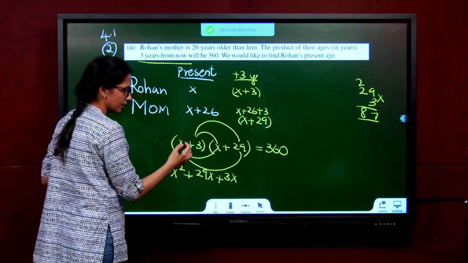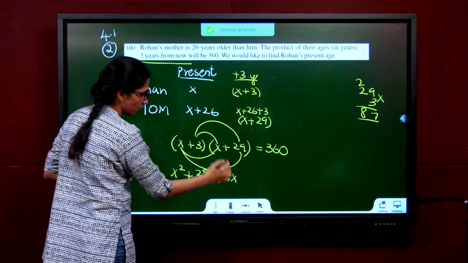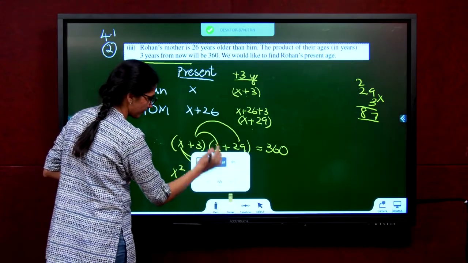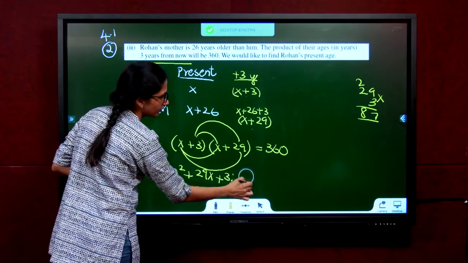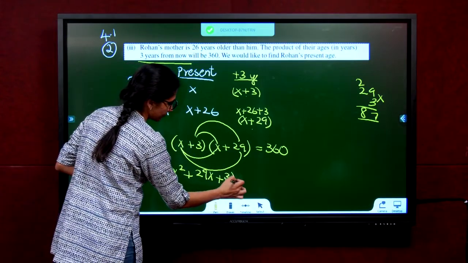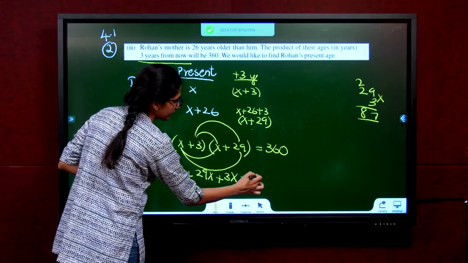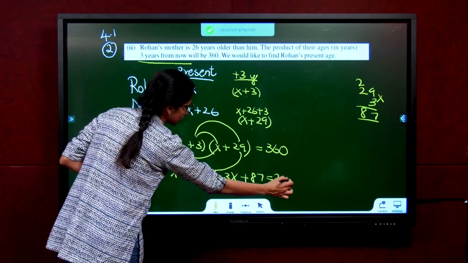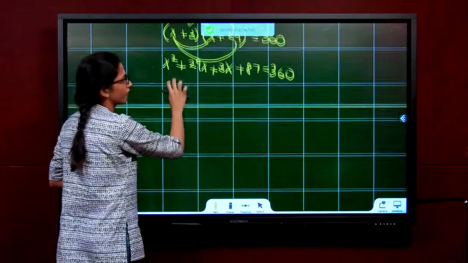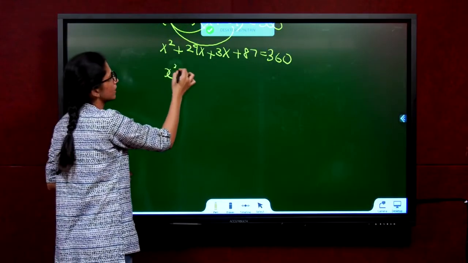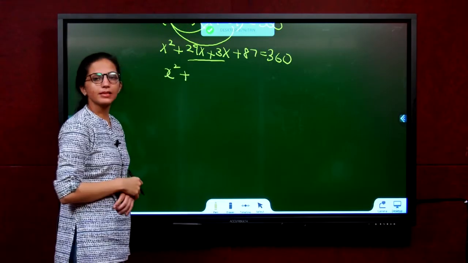So it becomes 3 into 29. What is 3 into 29? 87 is equal to 360. Simplify further. x square plus 29x plus 3x.